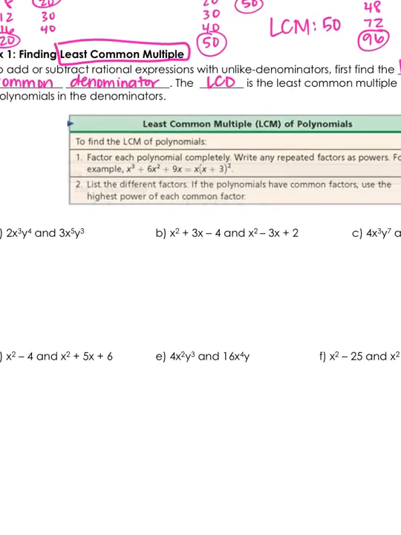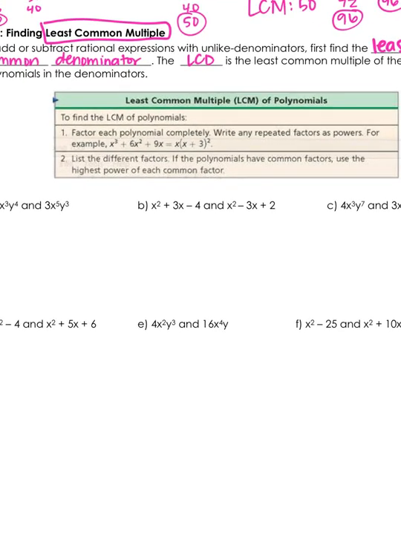So if you look at this little box, it says to find the least common multiple of polynomials, we want to factor. Told you guys, factoring never goes away. We're going to factor it completely. If we have any repeated ones, we're going to use powers. So, for example, this one would be written as x plus 3 squared instead of x plus 3 times x plus 3.